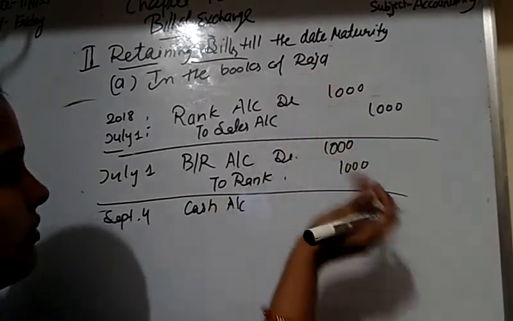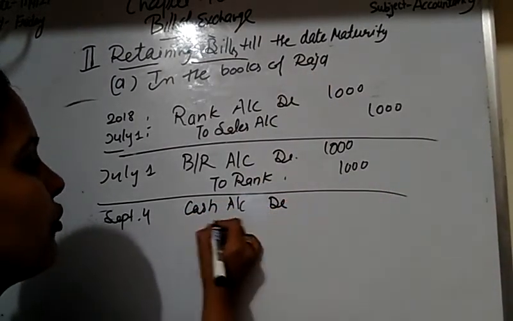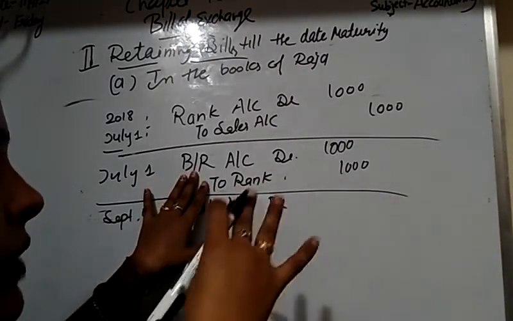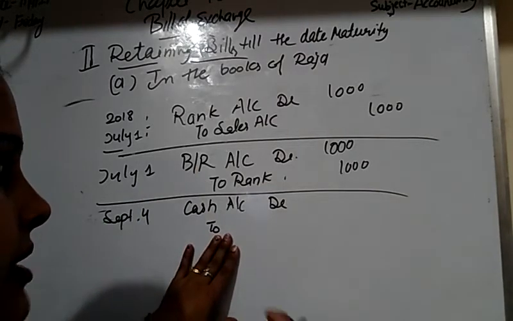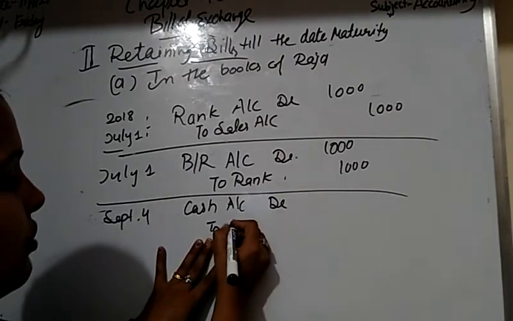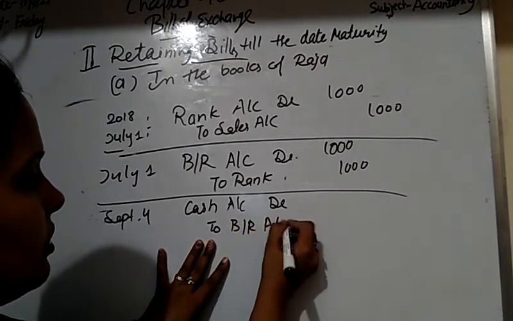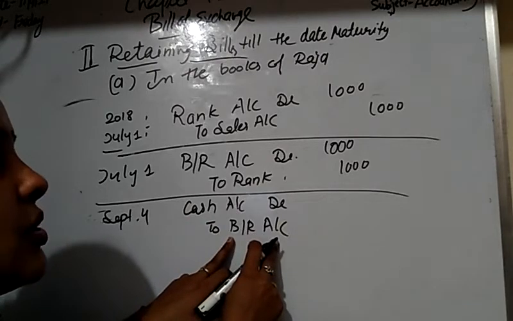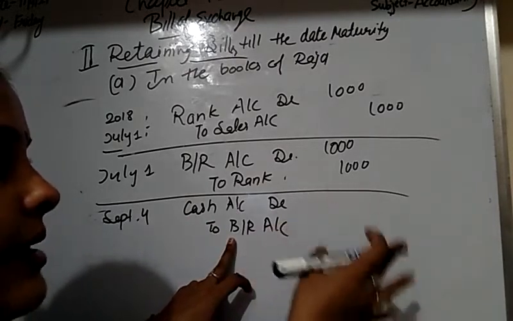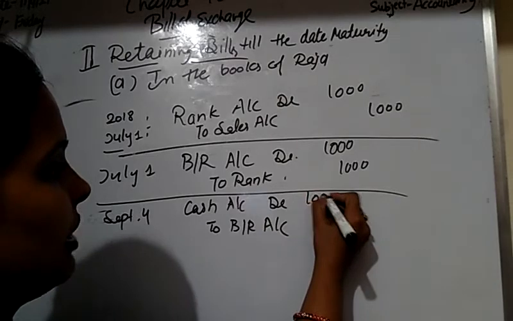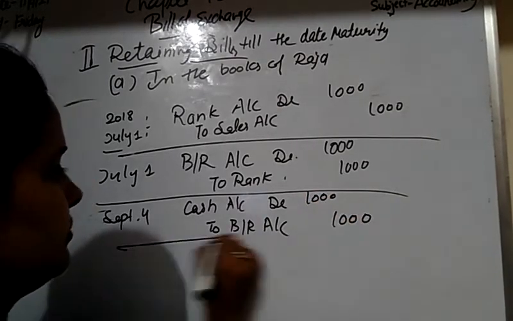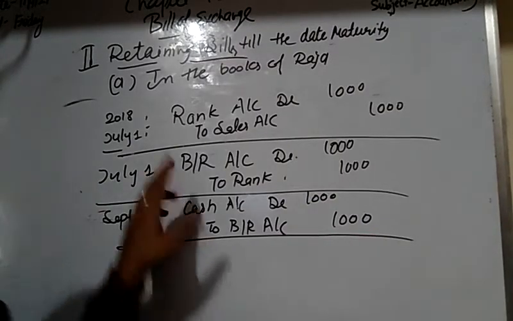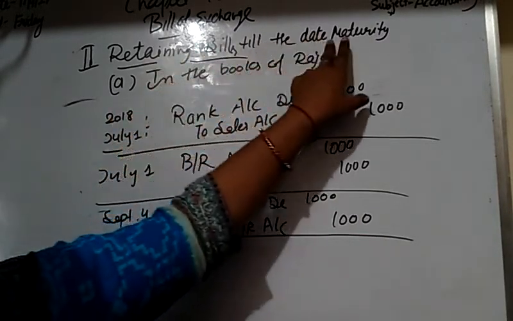In the books of Raja, when the amount is received, cash account debit to bills receivable account, because these bills were receivable in the past, but now the maturity date has come and the amount is received. So the cash account of Raja is debited, from the bills receivable against which he made the credit sale earlier, and the amount of the bill was 1000. Clear, students? These are the entries in the books of Raja when retaining the bill till the maturity date.